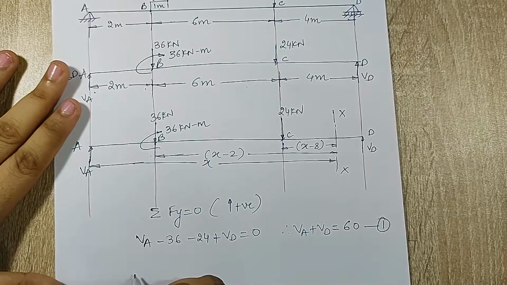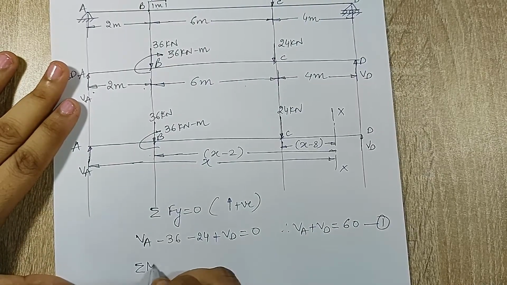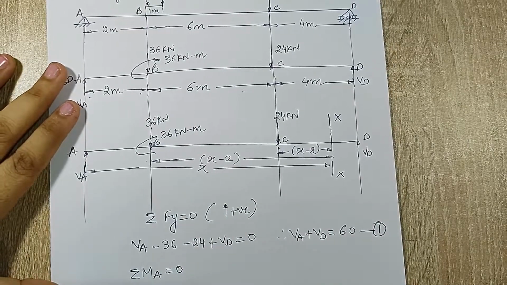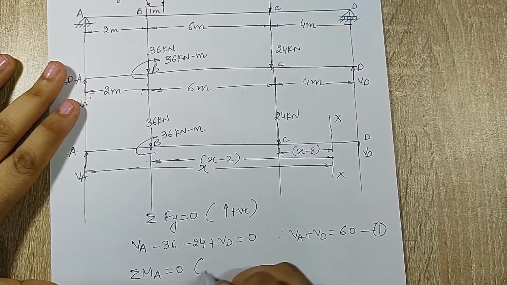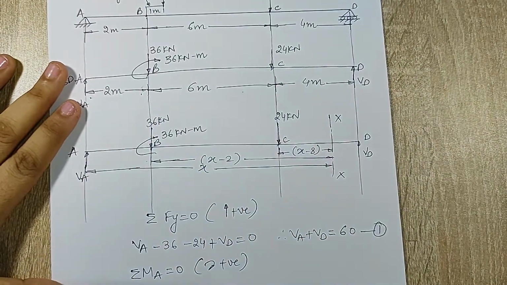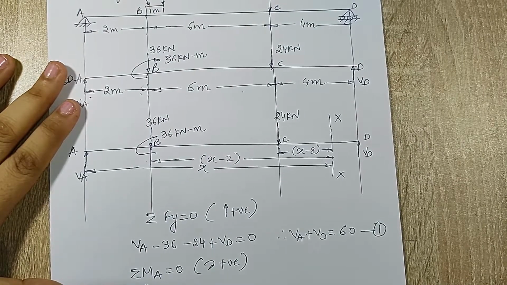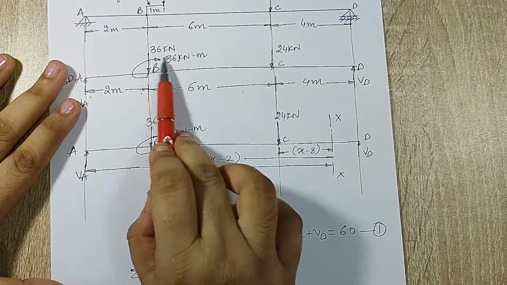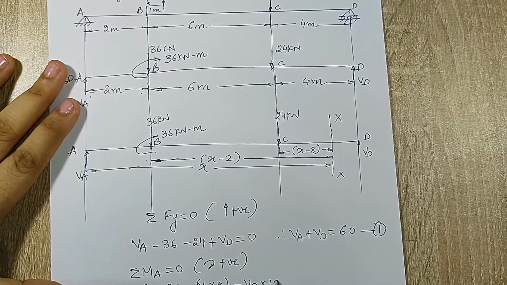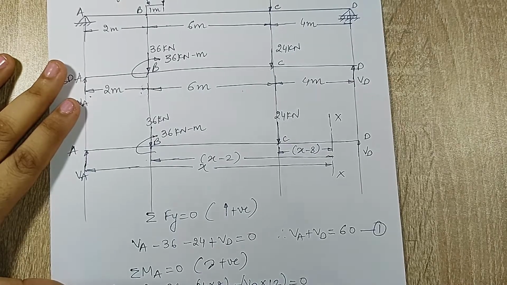Now the next equation that I am going to use is summation of moment about point A is 0. Let me take clockwise moment as positive. I have 36 into 2 going clockwise. Next I have this 36 also going clockwise about A, so plus 36. Next I have 24 into 8. And last I have VD going anti-clockwise, so minus VD into 12 is equal to 0.